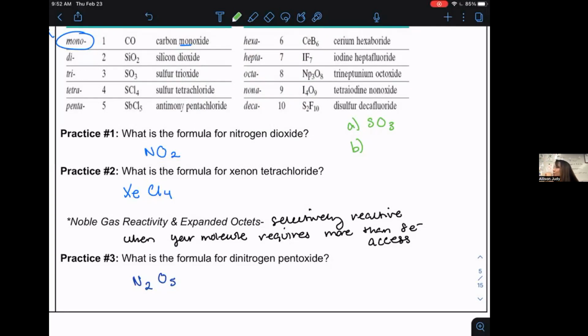B. So tell me, what is the name for B? Look at your covalent naming rules. Silicon or silicone, either way. What is it?